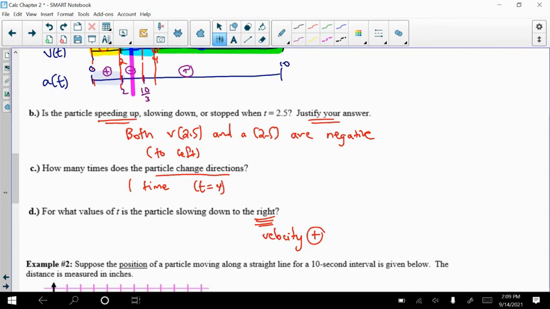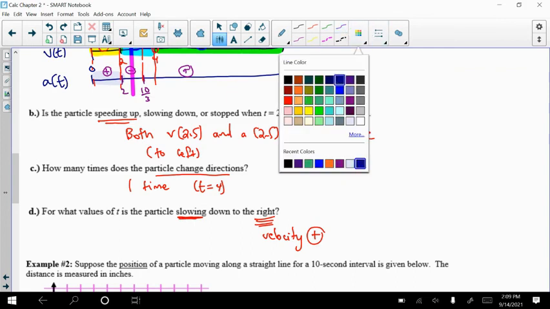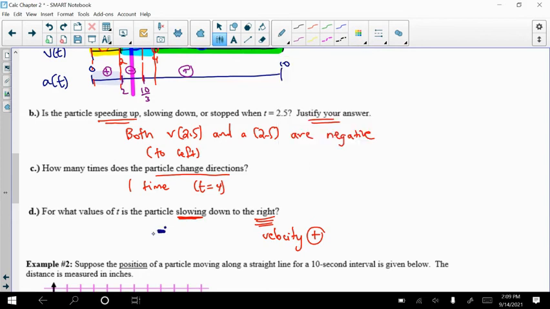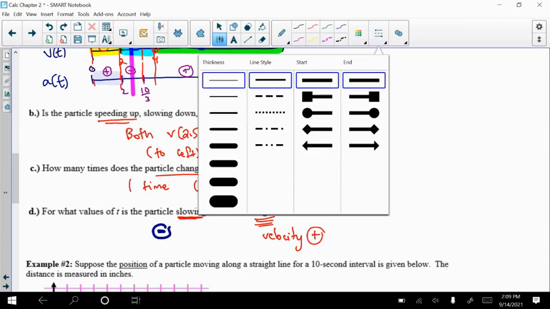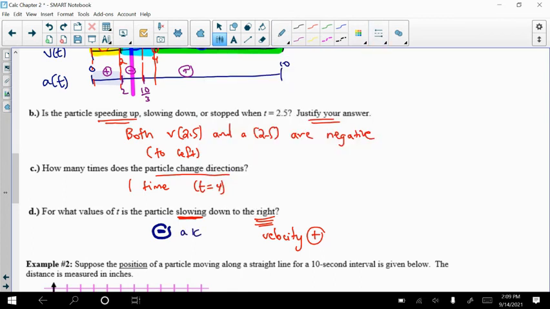Now, as soon as it says slowing down, I know my sign has to be the opposite value. So if I have positive velocity, then I should have negative acceleration. So when do I have positive velocity but negative acceleration?